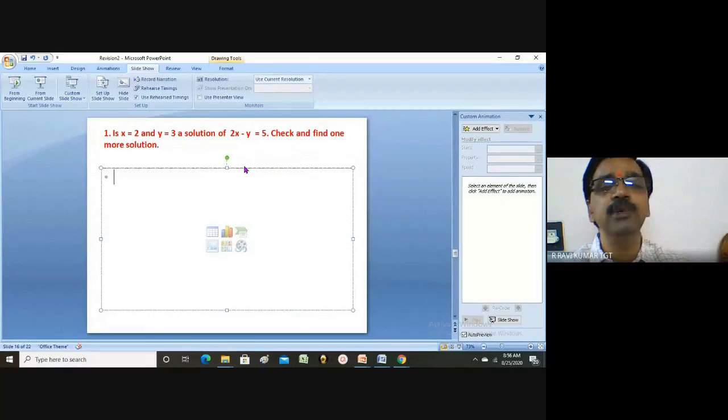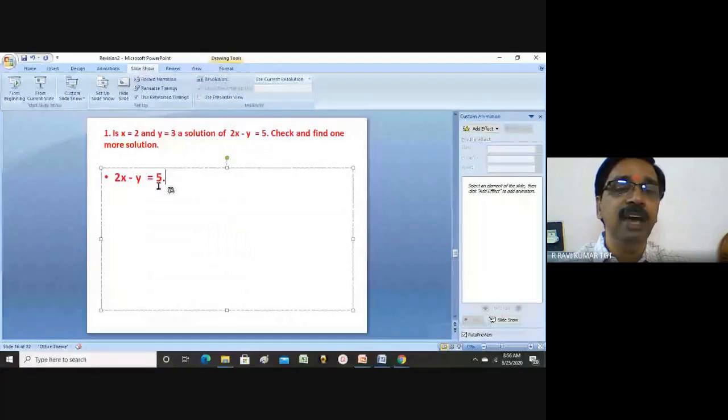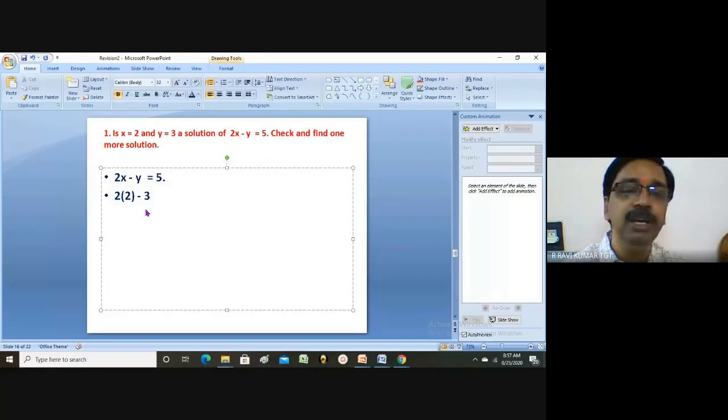X equal to 2, y equal to 3. Is it a solution of the equation? Let us copy the equation again and write the values in place. X is 2, so 2 multiplied by 2, minus 3 in place of y, equal to 5.